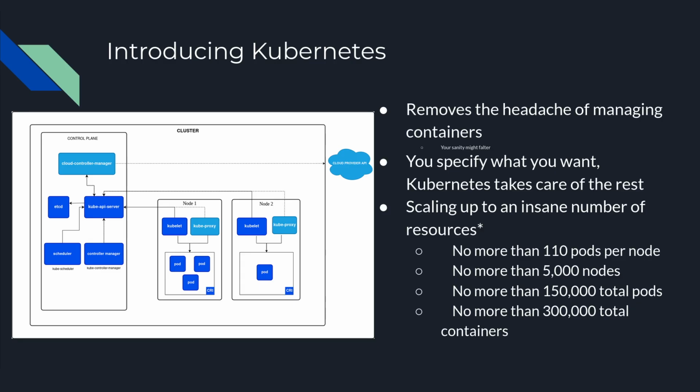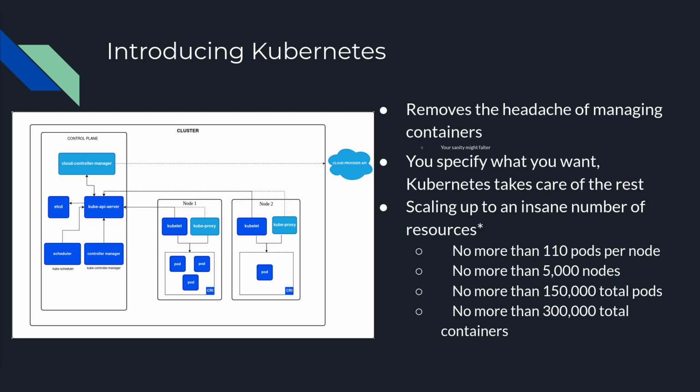Now, I put an asterisk up here about those 5,000 nodes, but thanks to the rise of AI, LLMs, some of these clusters have been insanely large. OpenAI, for example, has announced a 7,500 node cluster, which is nothing.